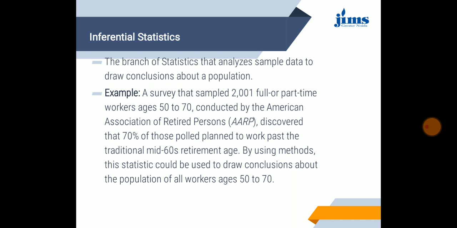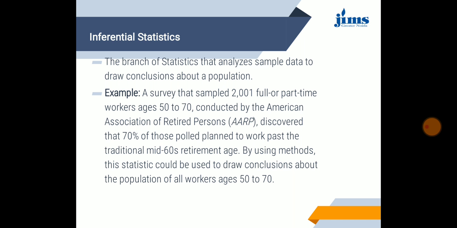Let's take some examples also. A survey that sampled 2001 full or part-time workers ages 50 to 70, conducted by the American Association of Retired Persons. AARP is a premier institution which allows you to go through this process of data collection. So let us say we have a survey in which there are 2001 samples containing workers in the age group of 50 to 70.